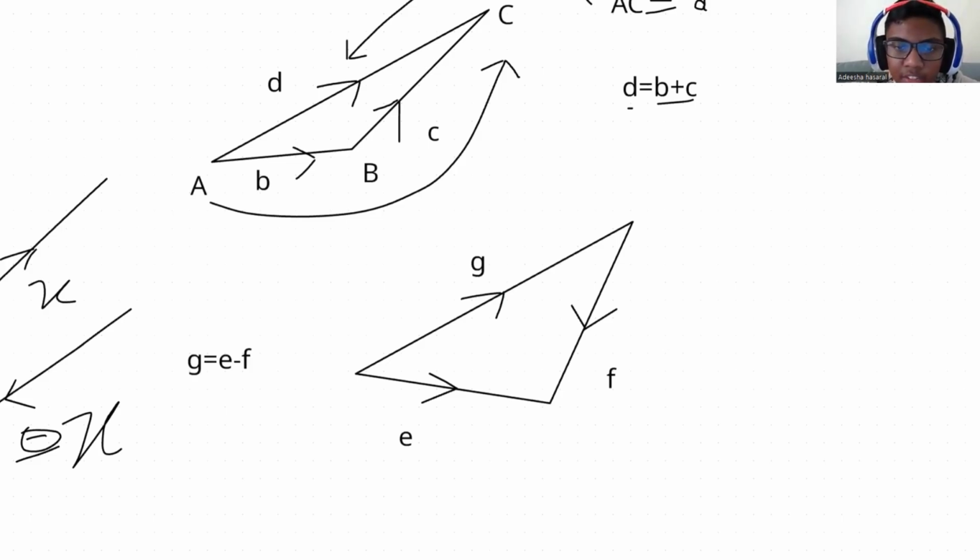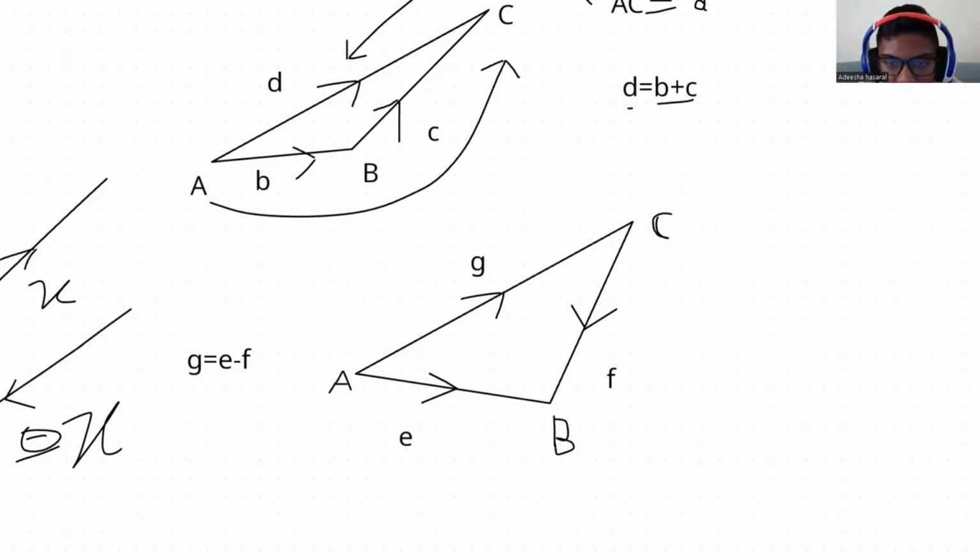We have this triangle. Now I'll label the points again as A, B, and C. Again, we're sticking with the same points for simplicity.